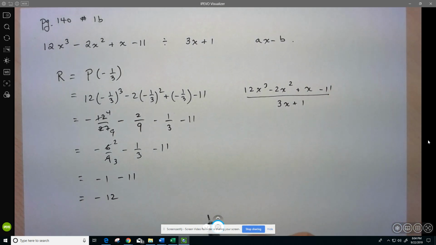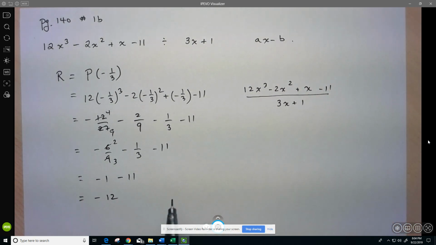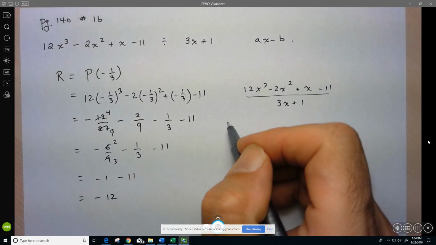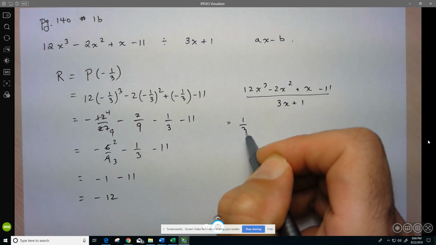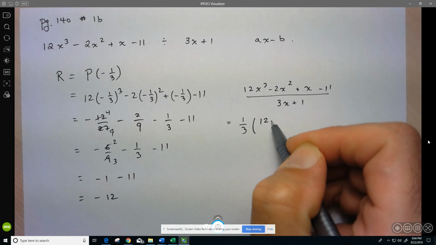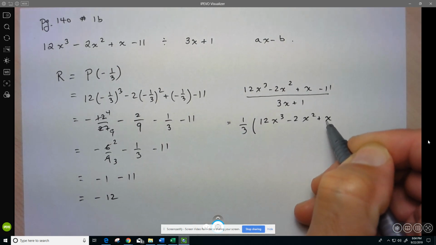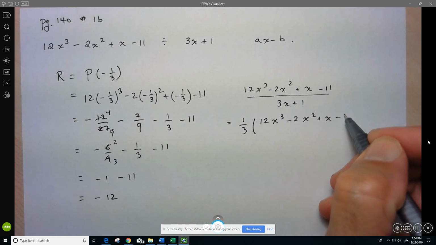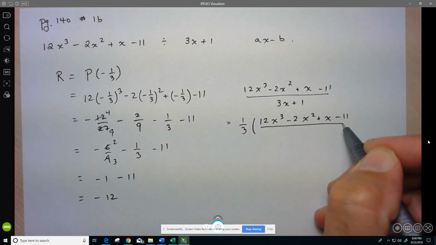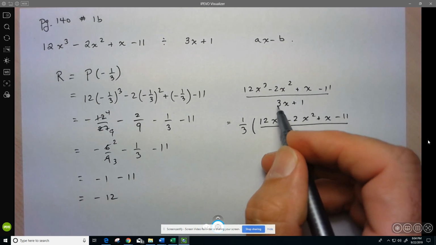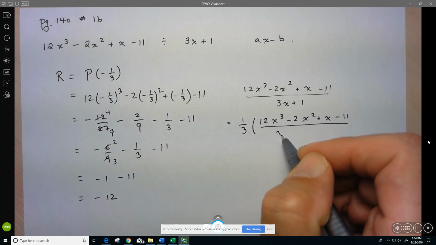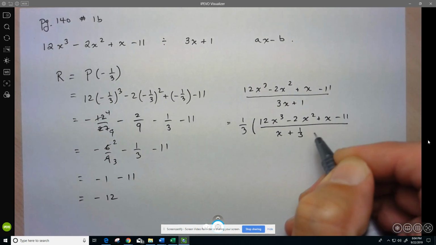And the way I get around the fact that this has a non-1 leading coefficient is I factor out a 1/3. All right, so I'm left with 12x cubed minus 2x squared plus x minus 11, all divided by, if I factor out a 3 from the denominator, x plus 1/3.